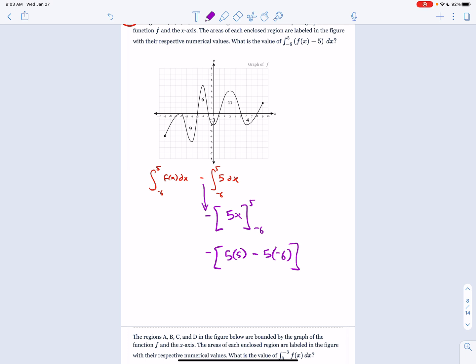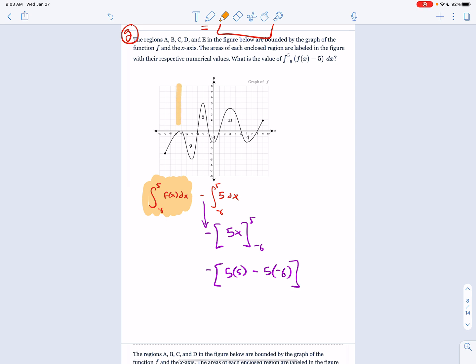That was done analytically. This right here has to be done graphically because we don't know what f of x is explicitly. So we do know that we want to find the area because integrating means area from -6 all the way to +5. Sometimes they give you information that you don't necessarily need. Like for instance, this area right here is outside of the bounds, so we really don't need it.